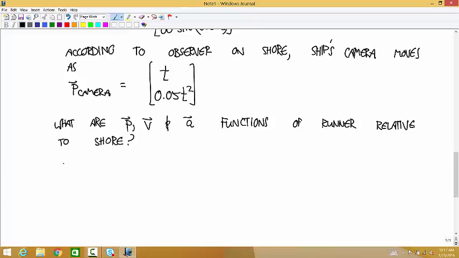Well, I'll start out with position. We know that the position of the passenger with respect to the shore is equal to the position of the passenger with respect to the camera plus the position of the camera relative to the shore.